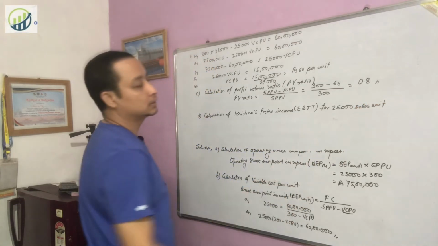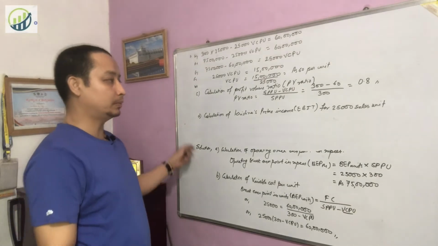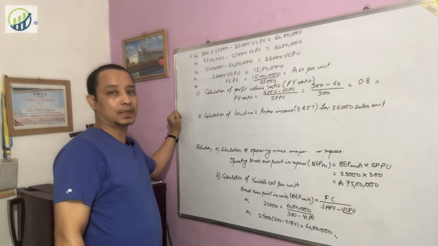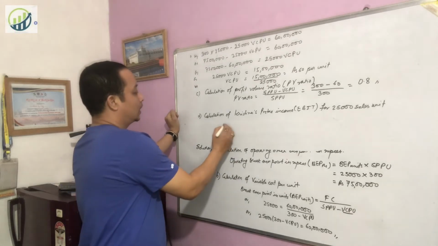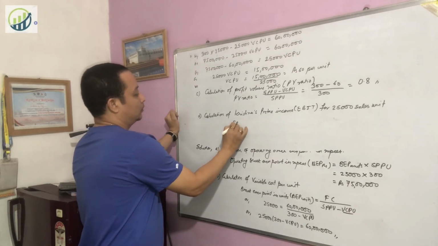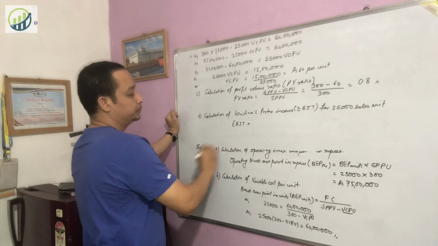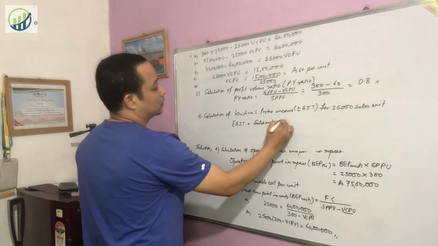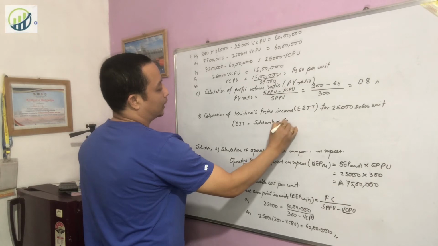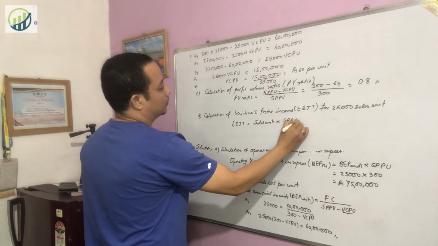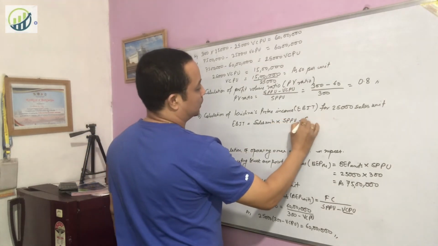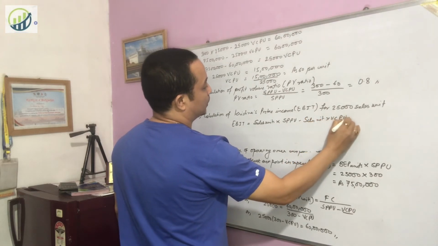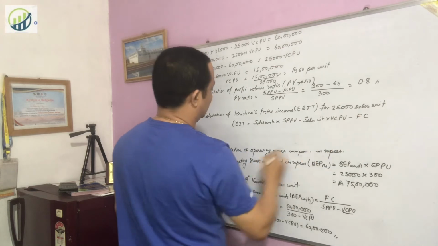So 25,000 sales units is a BEP, break-even point. So mostly the earnings before interest and tax must be 0. So let's write earnings before interest and tax equal to sales units into selling price per unit minus sales units into variable cost per unit minus fixed cost.